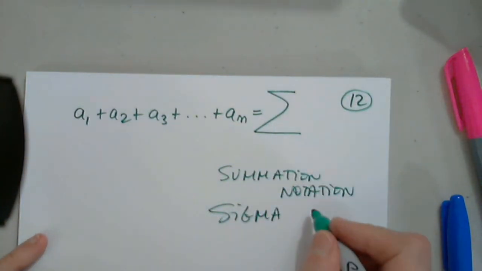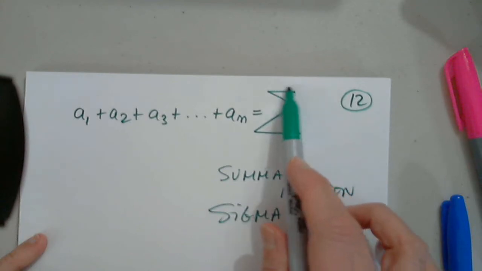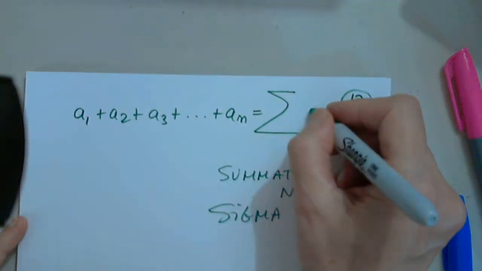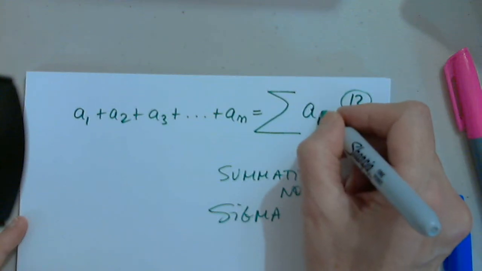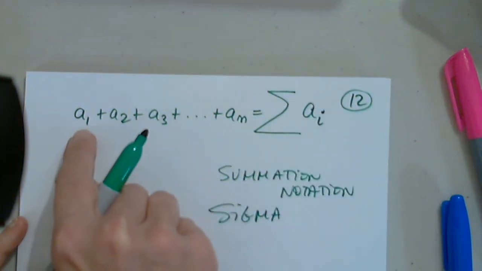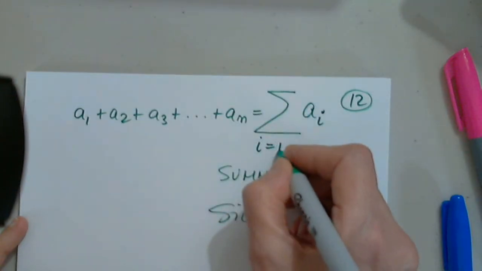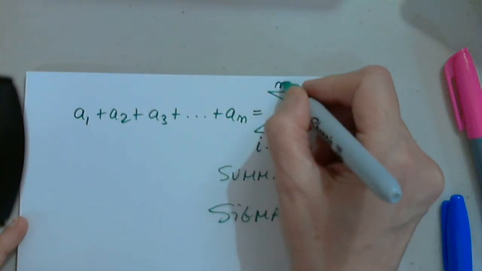It's the Greek letter S, but it's more convenient for what I'm going to write. So this is A sub i, i is from 1 to 2 to 3 to n. i goes from 1 till the last one, n.